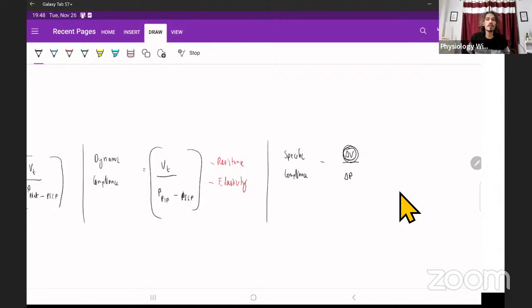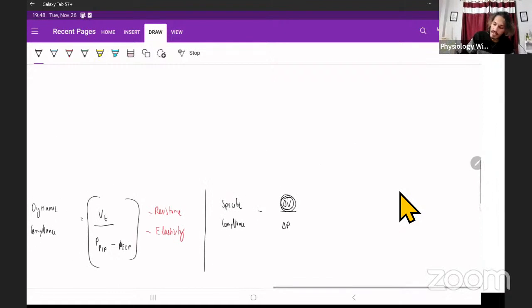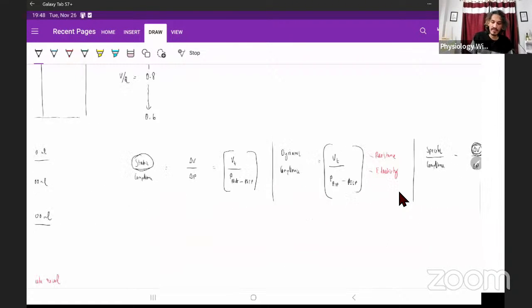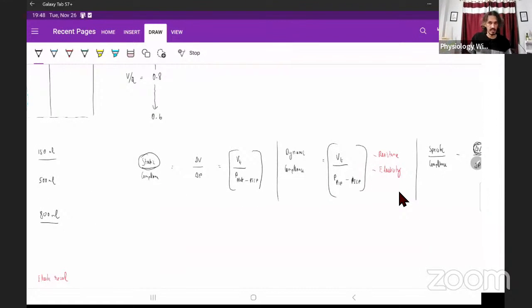So for such problems, we use the specific compliance, where you take the value of static compliance and divide it by functional residual capacity to make it equal. That is why we have all of these different terminologies.